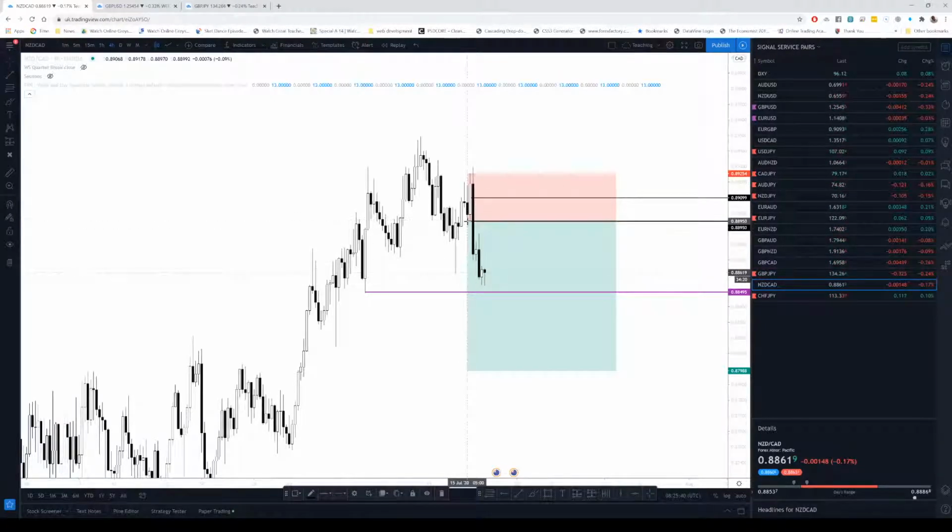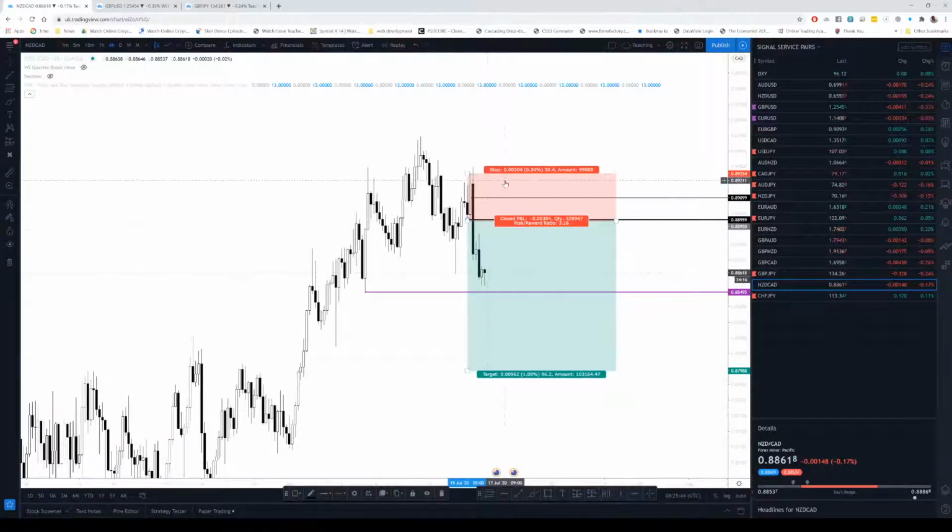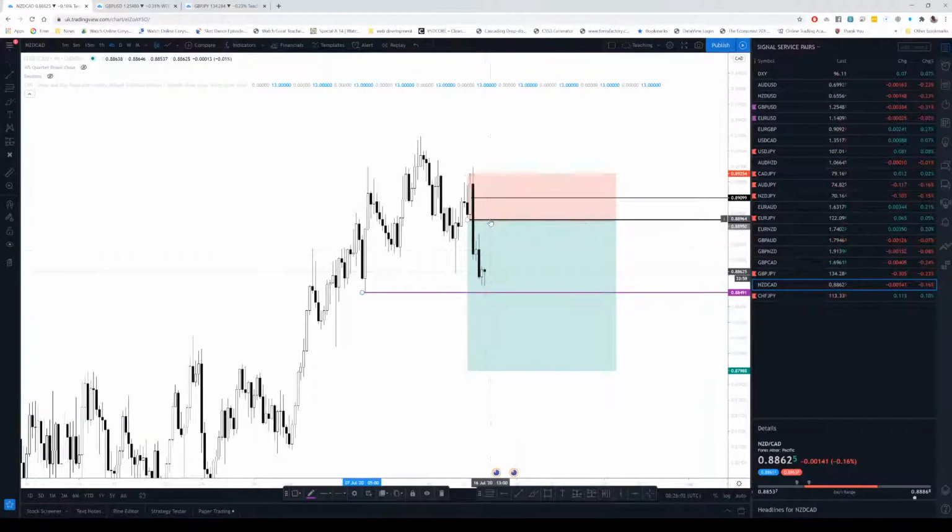However, if it comes here and it gives me some form of not wanting to go up, then I'll sell it there. Yeah, mentally, I'm not going to physically put a trade on. It's just me practicing. Okay, and my target would be back to these equal lows again. Yeah, if price pushes higher here, I'll be looking for a trade there to target this equal low, and then probably a continuation to the downside.